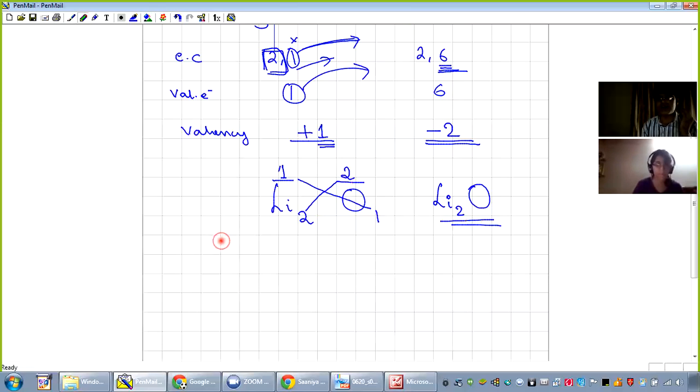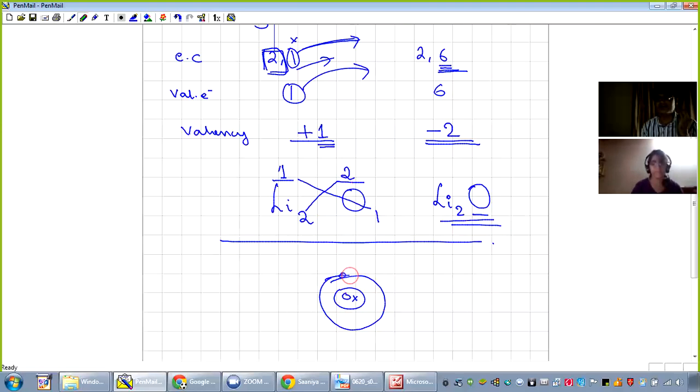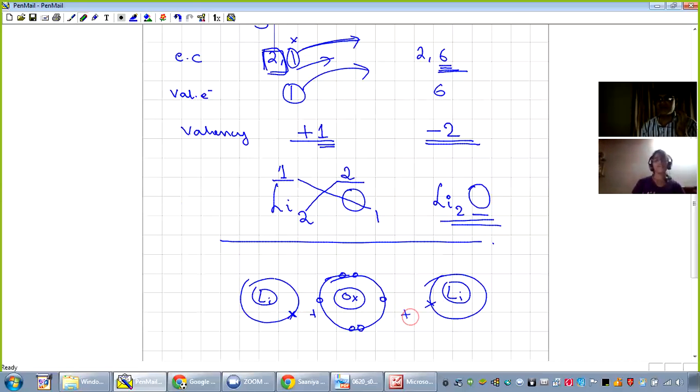Now appropriately you will have to draw the diagram. 1 oxygen atom will be here in the center with 6 of its electrons. And there are 2 lithium atoms on the side. When these combine, this 1 electron will come over here.